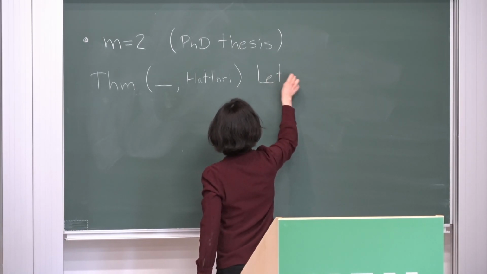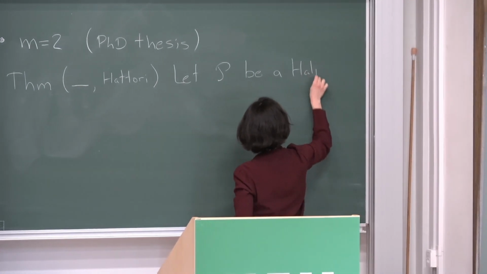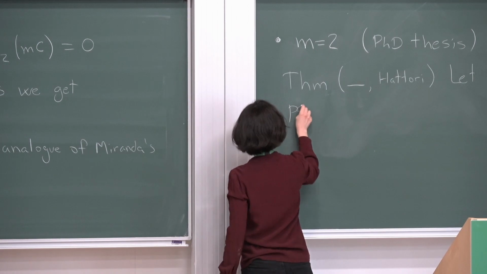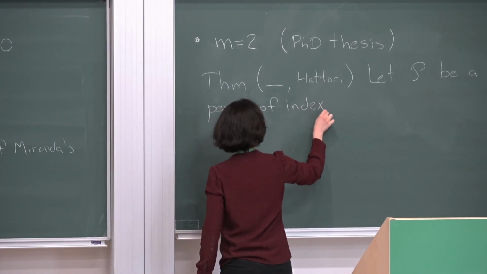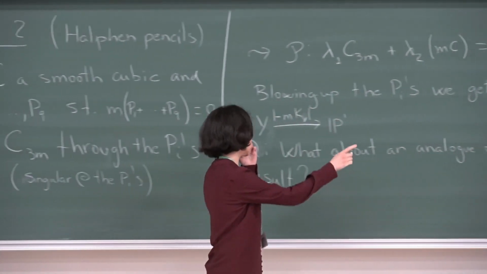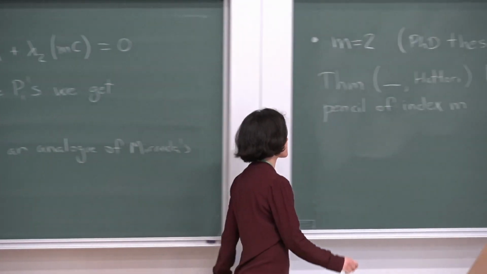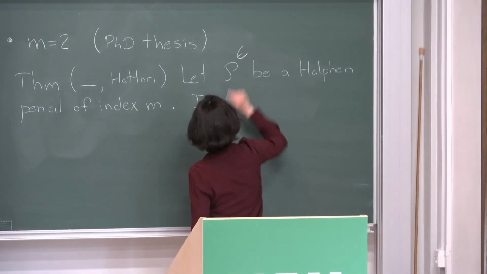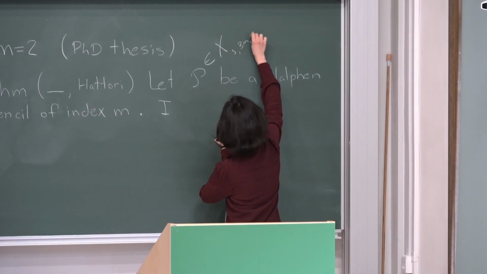So let P be one of these pencils, which we call a half pencil of index m. The m is the same m appearing here. And I'm thinking of these as a point in X(1, 3m, 2).